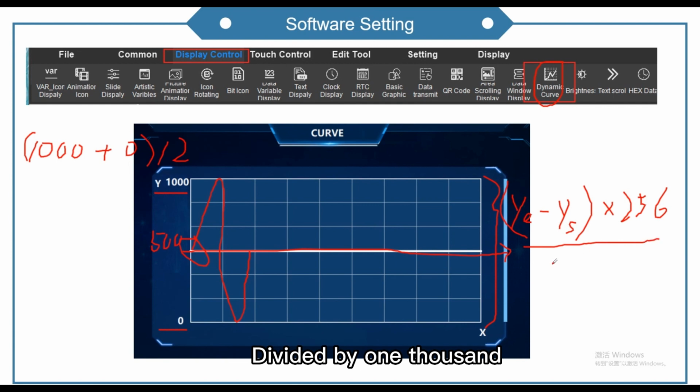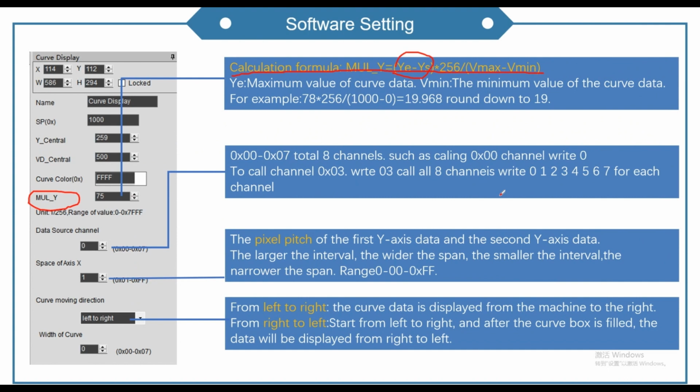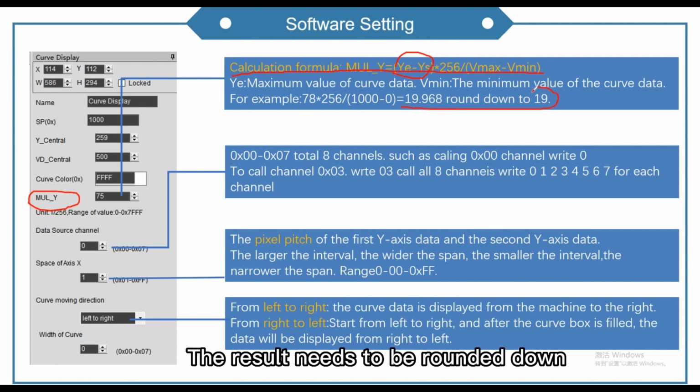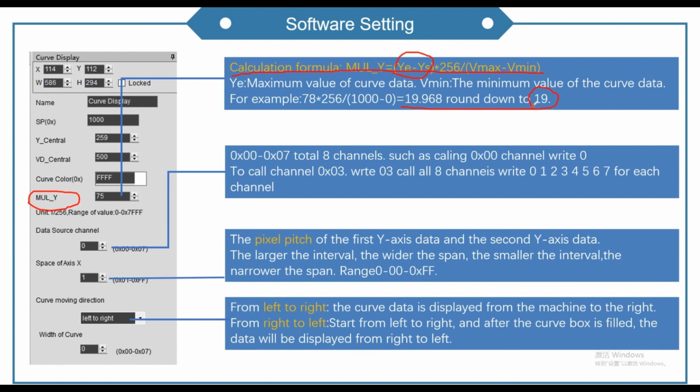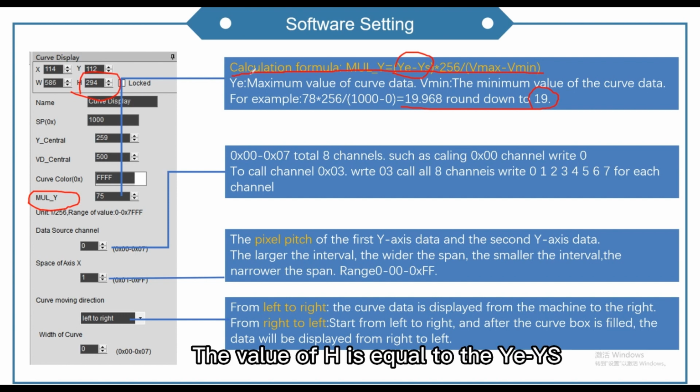Divided by 1000. The result needs to be rounded down. The value of h is equal to the difference of y minus ys.